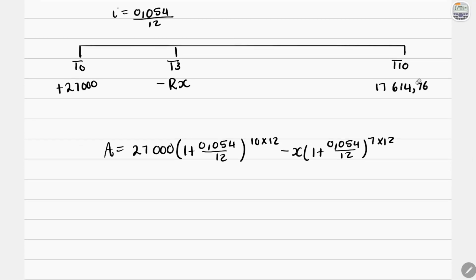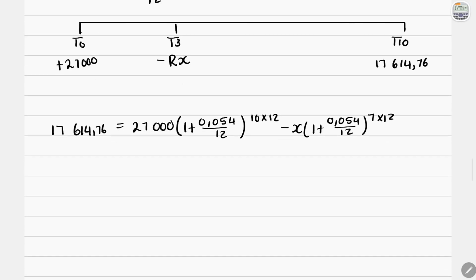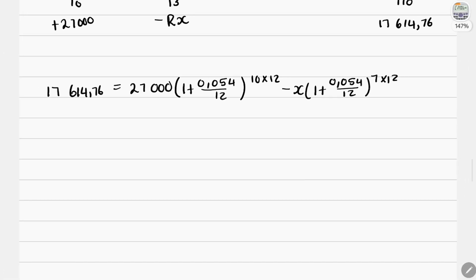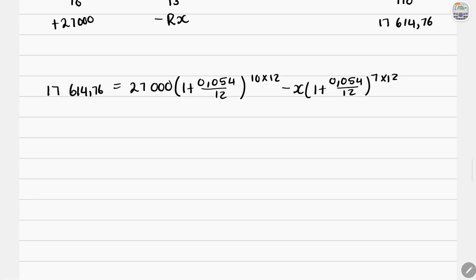But we also know that at the end of the period, he ends up with this amount. And that is our accumulated amount. So that is the 17,614.76. Okay. And now all we have to do is look at this and look for the neatest way to simplify it. So first, I see that this is negative.